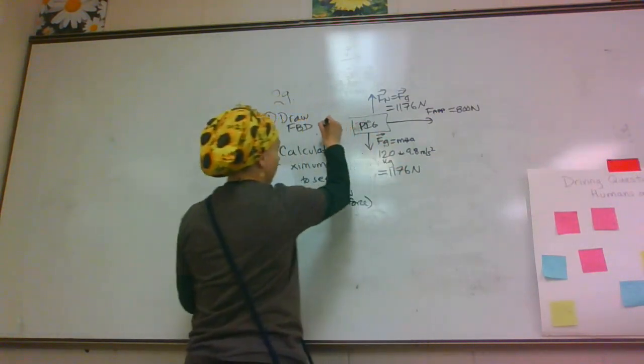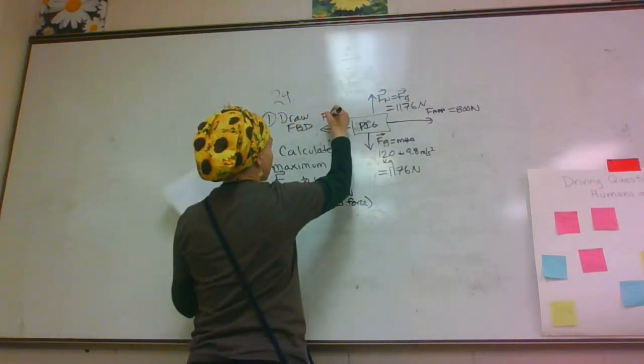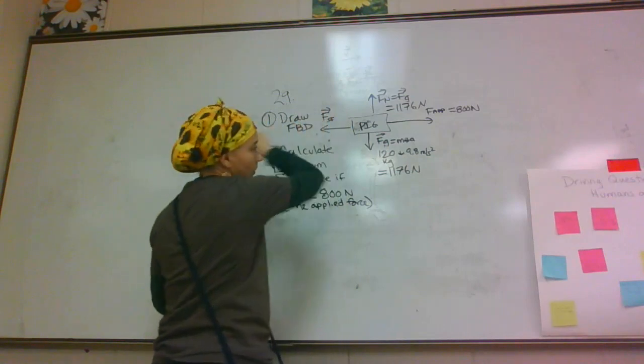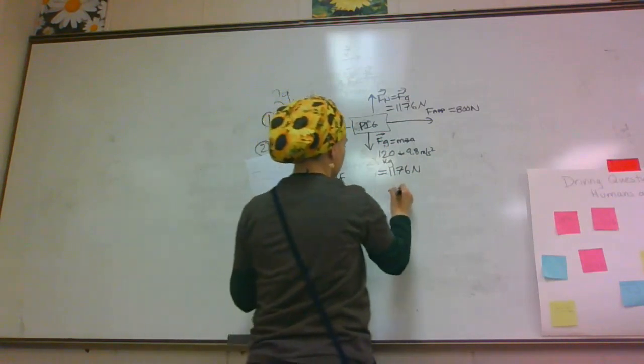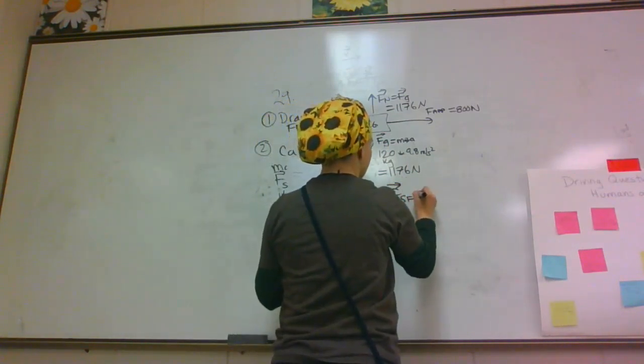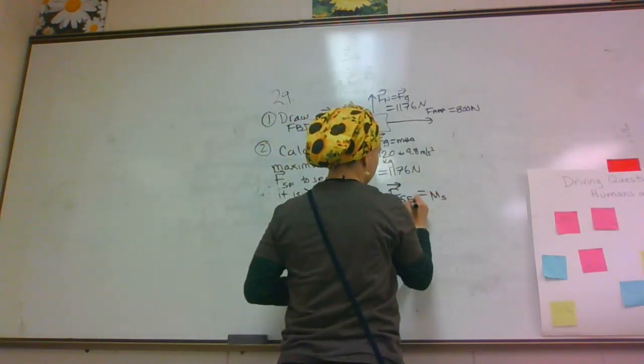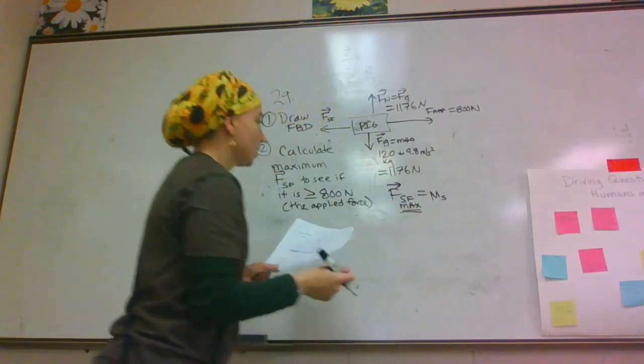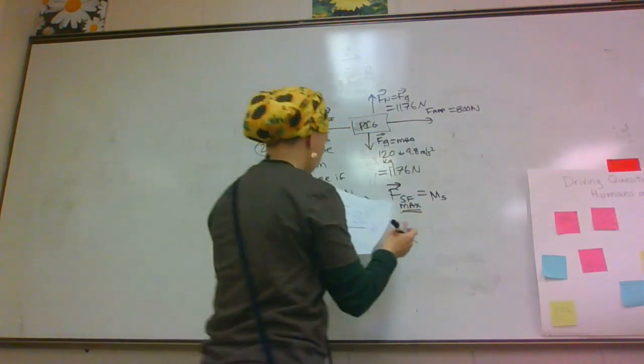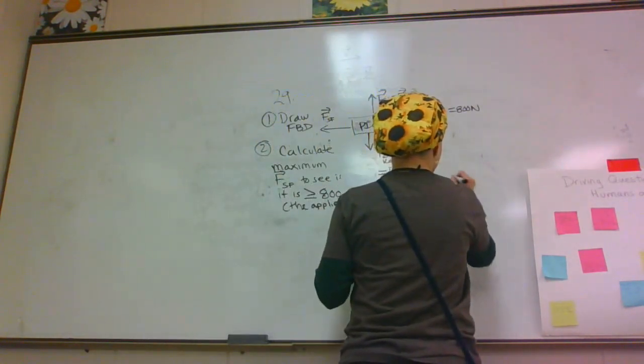So I know that there is a frictional force. I'm going to try static friction first and see. I know that the maximum force due to static friction is equal to mu sub s times the normal force.